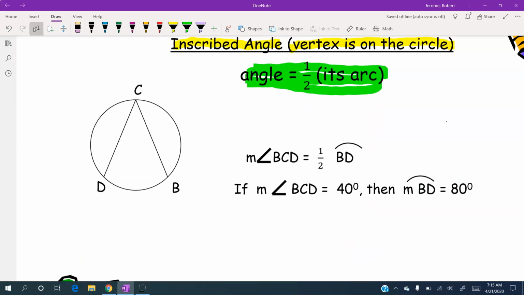If our angle is equal to half its intercepted arc, and we're told that the angle measures 40 degrees, then its arc is 80 degrees. And vice versa, we just plug in the one we know, the arc or the angle. If we don't have the correct angle and arc pair, then that just means there's more than one step.